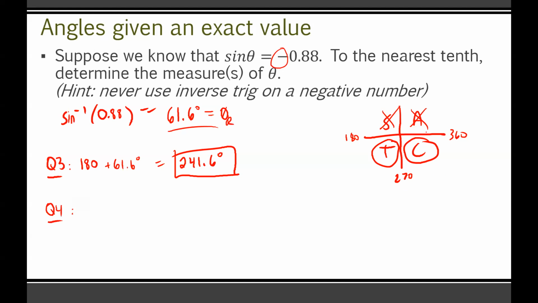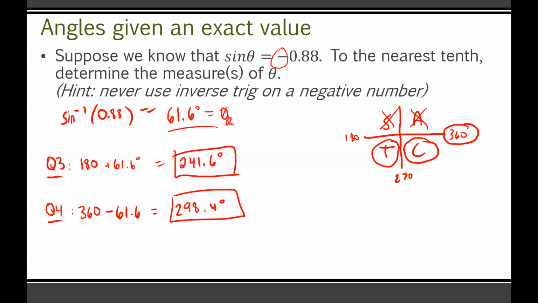Remember, a reference angle is based around your x-axis, not your y-axis. So we're going to have to take this 360 degrees and take away our reference angle to come down from it. So 360 minus 61.6 should give us 298.4 degrees. So that would be your other answer here.